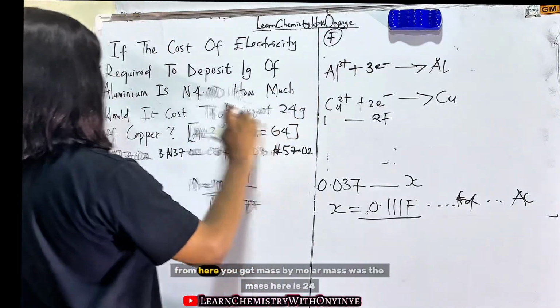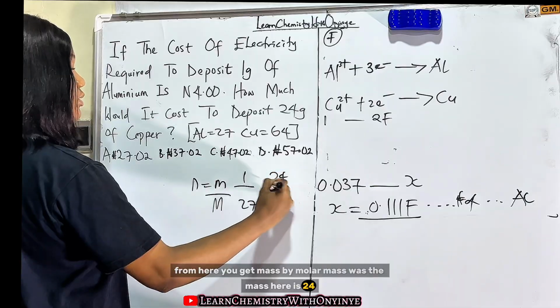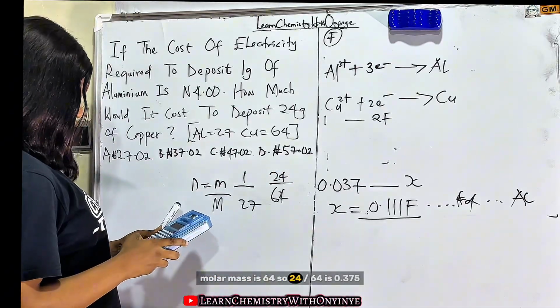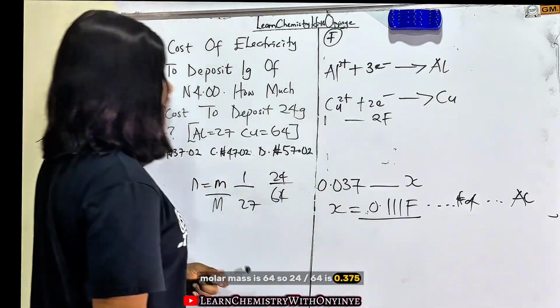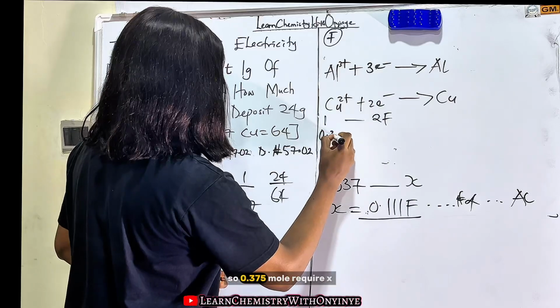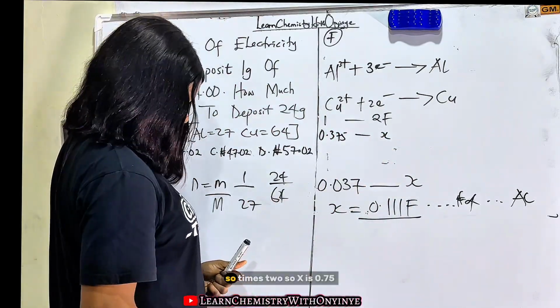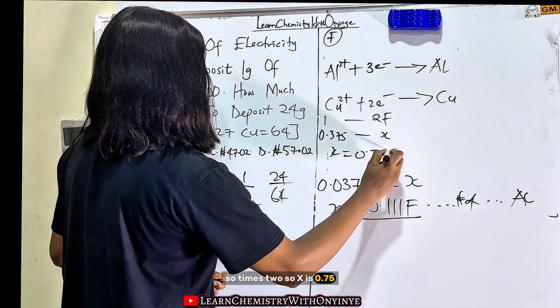Now look for mole from here. You get mass over molar mass. What's the mass here? It is 24. Molar mass is 64. So 24 divided by 64 is 0.375. So 0.375 mole will require X. So times 2, so X is 0.75.